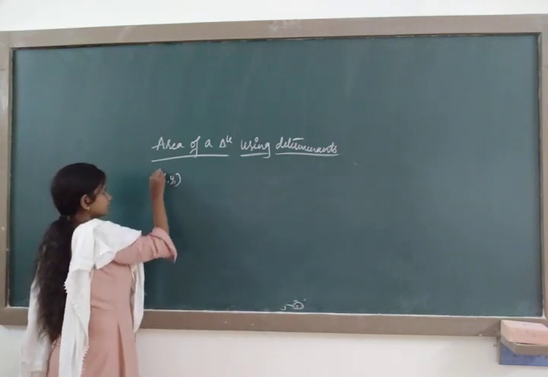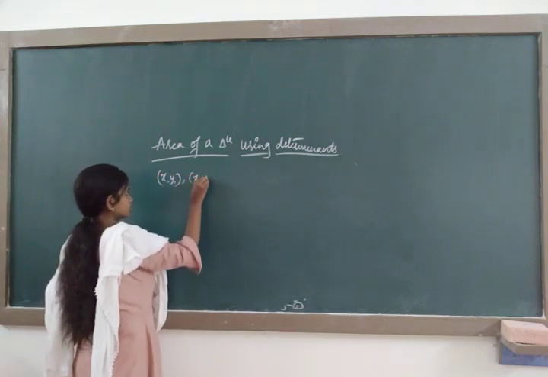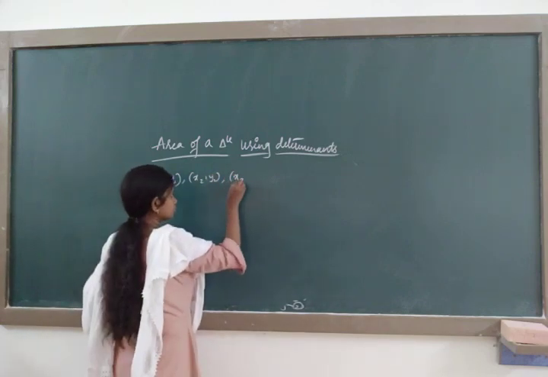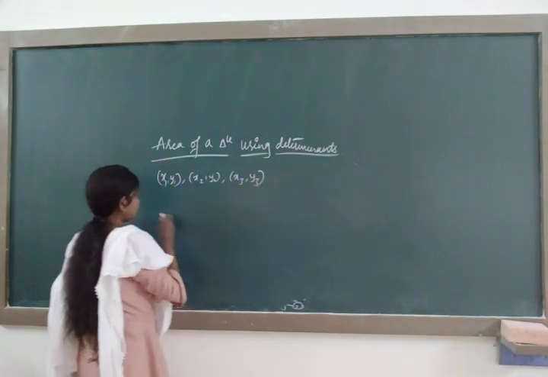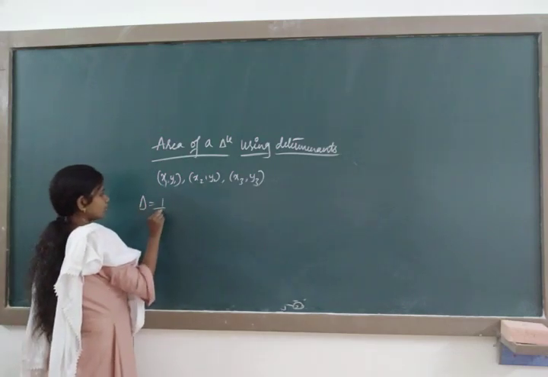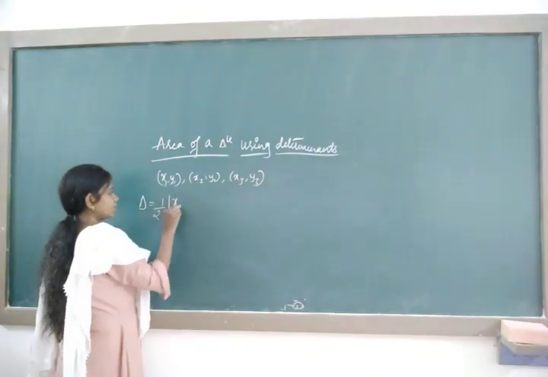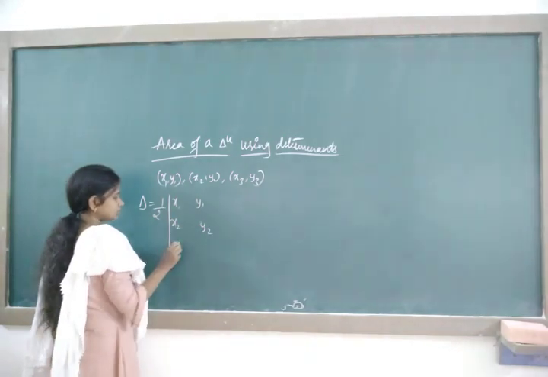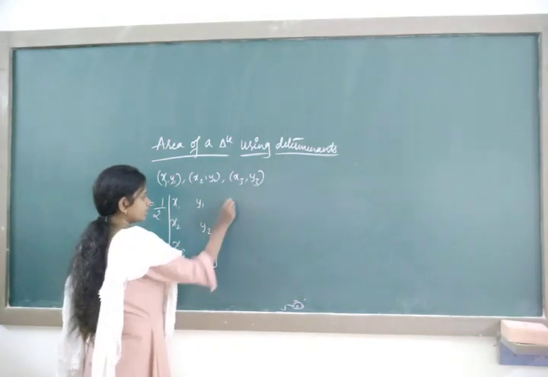If three vertices are there, then the formula can be given as x1 y1, x2 y2, leave some space, and x3 y3, with 1 1 1.